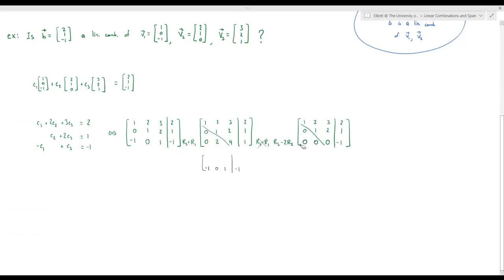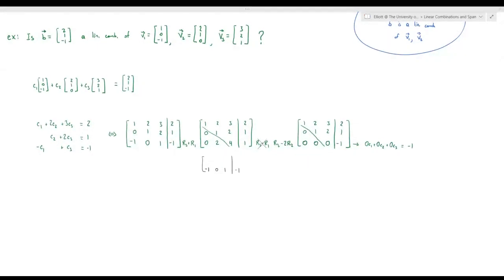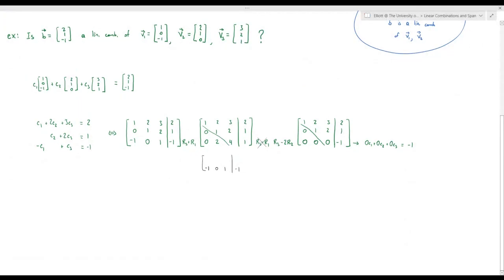So if you look at this very last row that we got in this reduced matrix, this last row reads as 0 C1 plus 0 C2 plus 0 C3 equals negative 1. And yes, that's correct. There's definitely no solution to this equation, so there would be no solution to our system of equations.